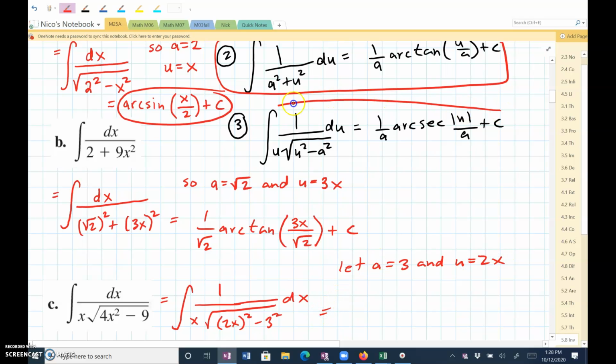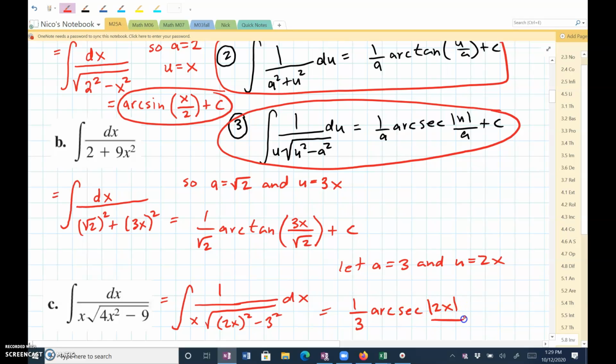So then we're using this guy. That's going to be 1 over a, which is 3, arc secant of the absolute value of u, where u is 2x, all over a, which is 3, plus c.